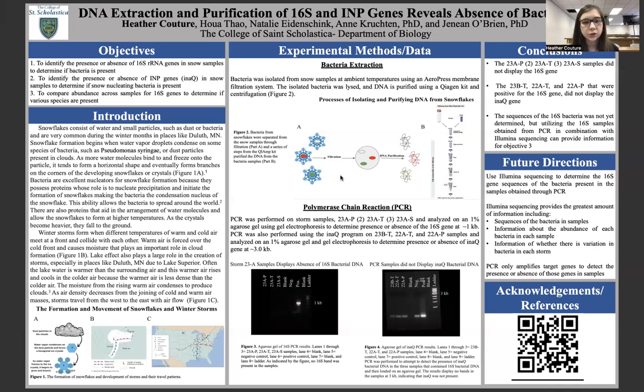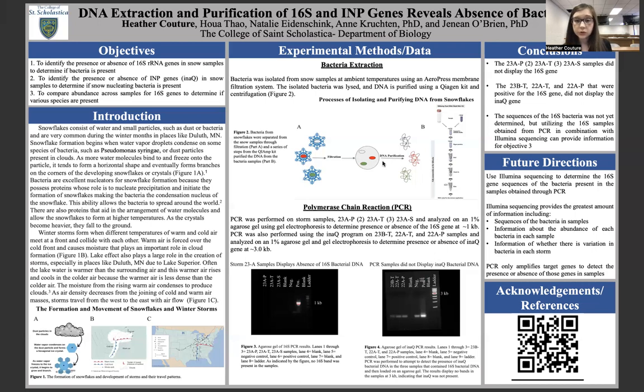And this process is shown in figure 2A, where we have different potential bacteria on the snowflakes, and we used filtration to have a filter paper with just bacteria on it, which could have some small contaminants such as dirt on it as well.